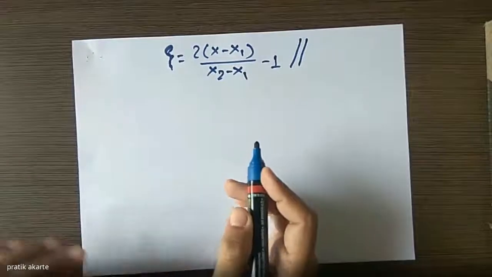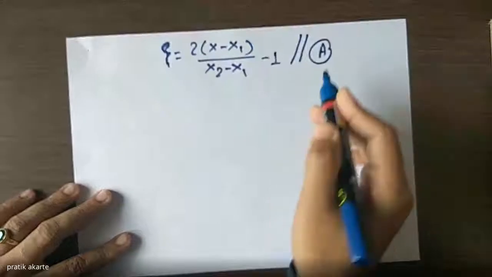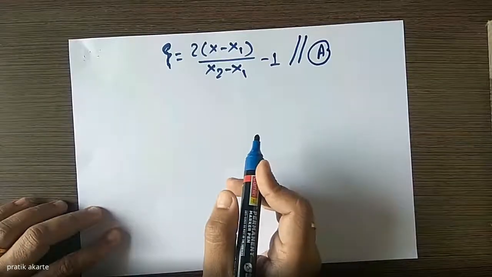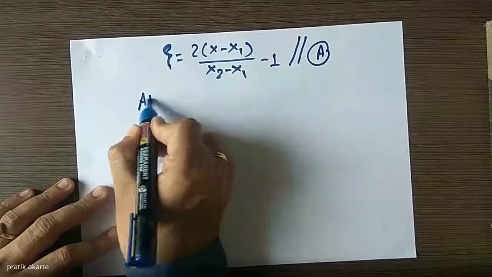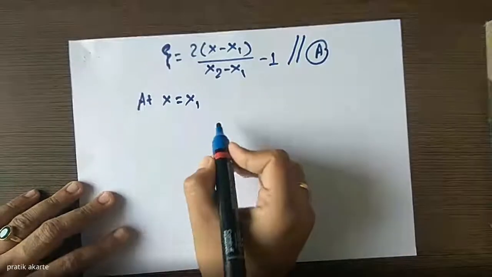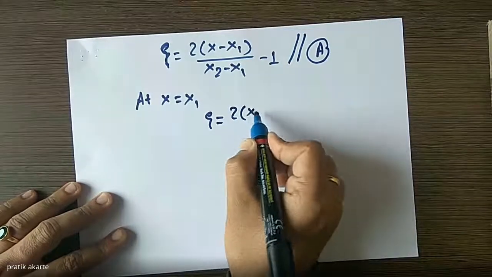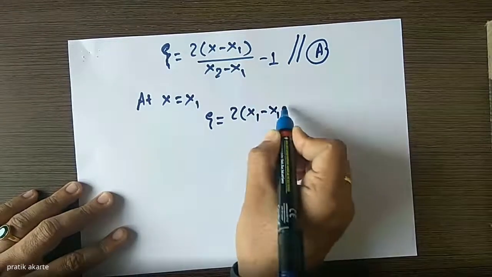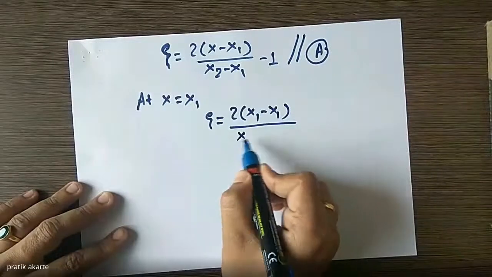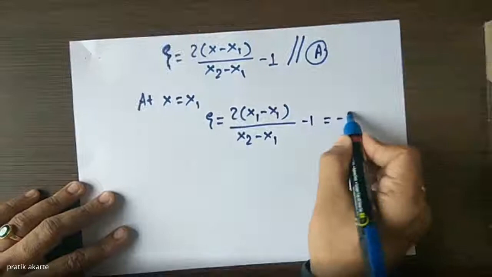Now let us verify this equation, and this is a very important one. We will be using this equation once again. At x equal to x1, zeta is equal to 2 times (x1 minus x1) upon (x2 minus x1), minus 1, which is equal to minus 1.